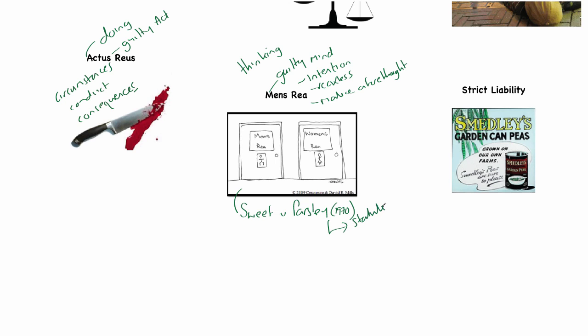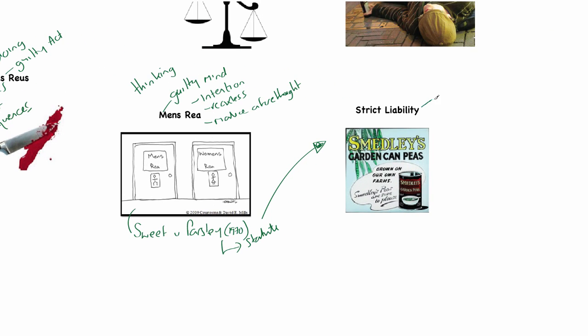So unless an Act of Parliament says mens rea is not required, the judge will always take it that the guilty mind is needed. And where statute doesn't require the guilty mind, mens rea, we refer to these cases as strict liability. And strict liability is essentially where no mens rea is required.